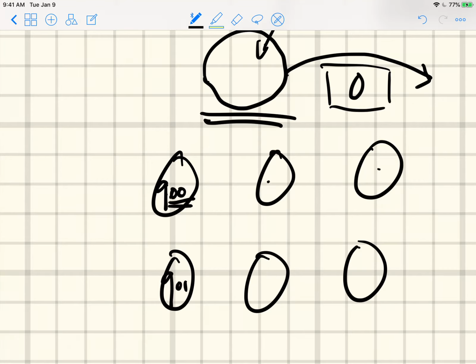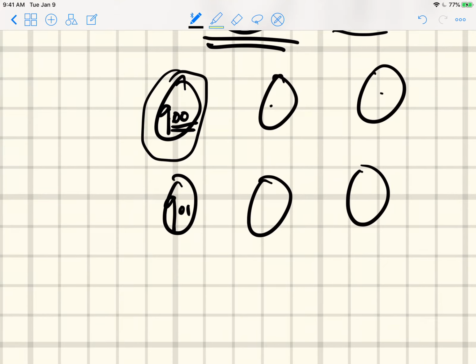And this 00 actually meant something, right? I believe that when you're in this state, the number the string actually encoded was 0 mod 2 and 0 mod 3, and I believe Q01 was 0 mod 2, 1 mod 3. And so we're going to do something very similar here.